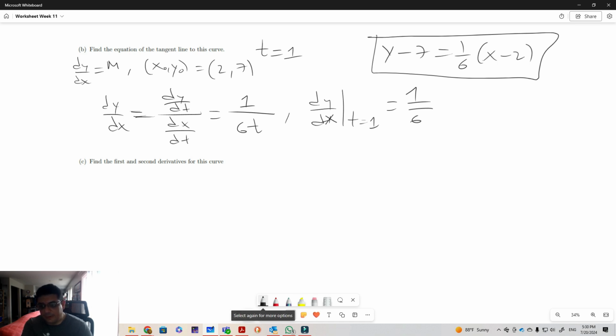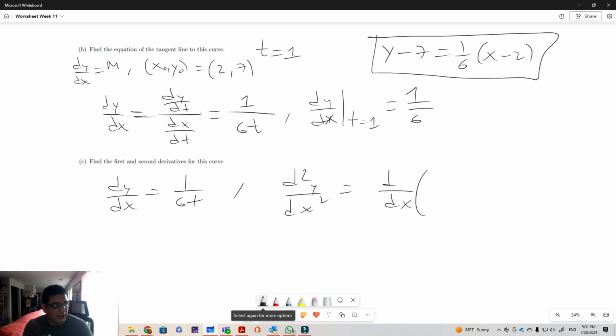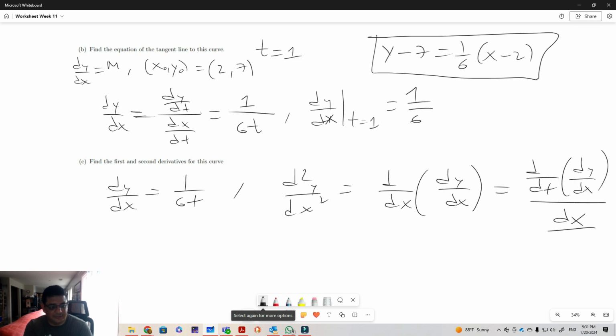Now for part c, we want to find the first and the second derivative for this curve. We already got the first derivative from before. We have that dy/dx is going to be 1 over 6t. And now for the second derivative, we can apply the formula for the second derivative as the derivative with respect to x of dy/dx, which is equivalent to the derivative with respect to t of dy/dx, over dx/dt.